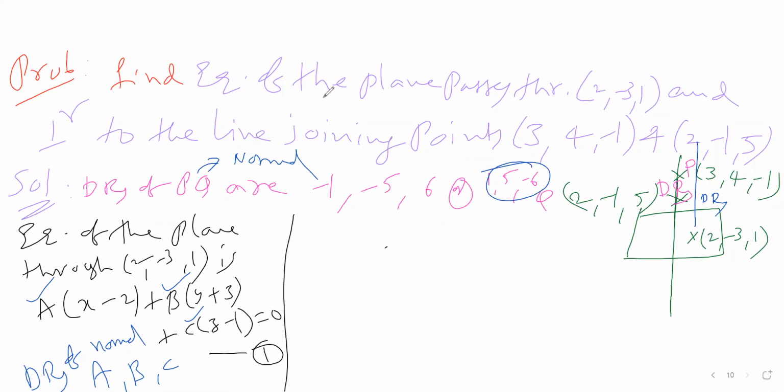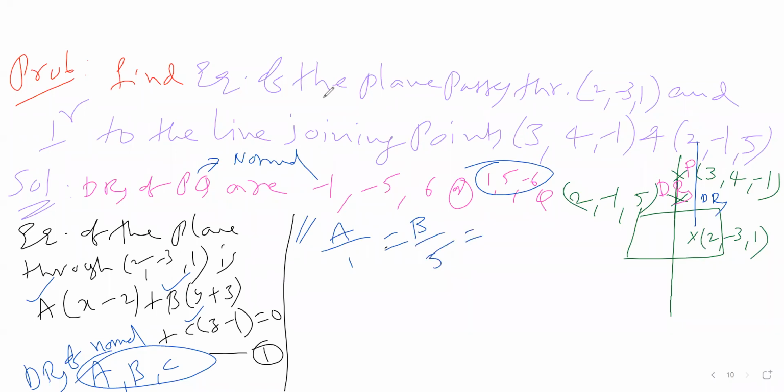Whereas the direction ratios of the normal in the one-point form are A, B, C. But these two normals are parallel, right? That is why, according to the parallel condition for direction ratios, A by 1 is the same as B by 5 equals C by minus 6.